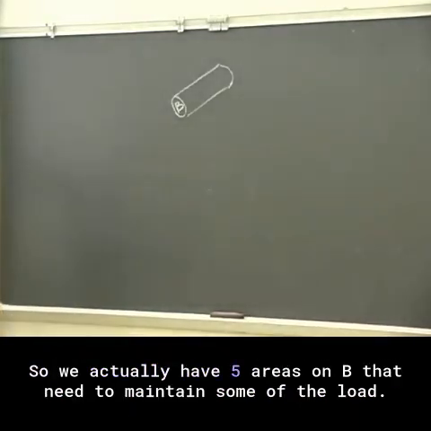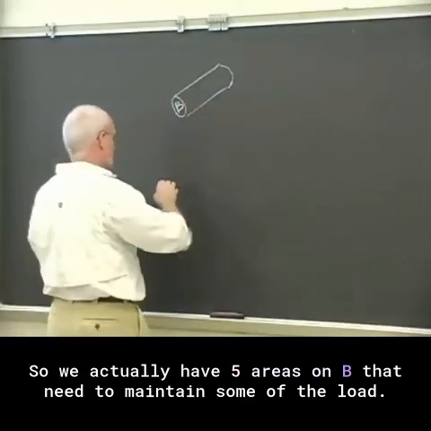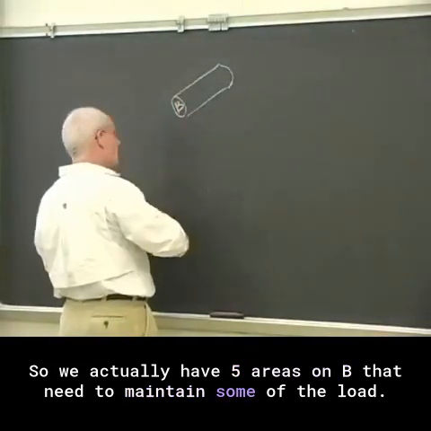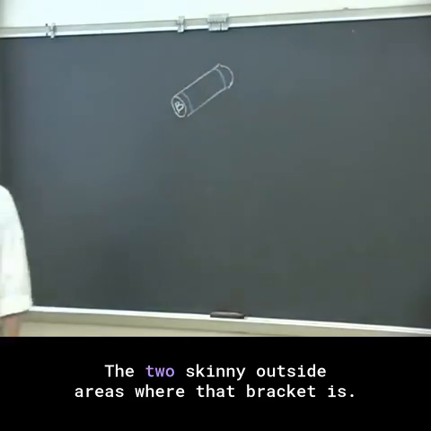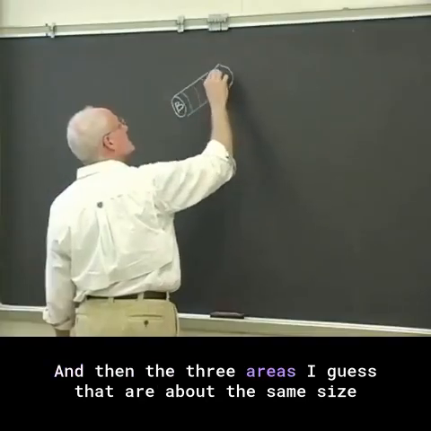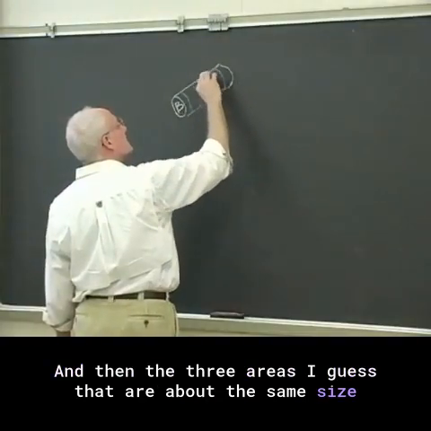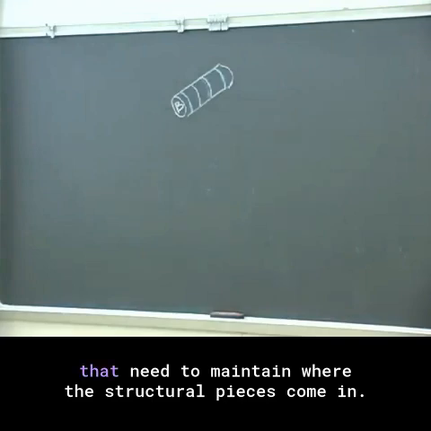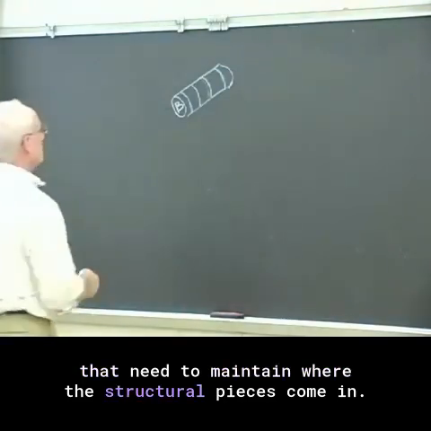So we actually have 1, 2, 3, 4, 5 areas on B that need to maintain some of the load. The 2 skinny outside areas where that bracket is, and then the 3 areas, I guess, that are about the same size that need to maintain where the structural pieces come in.